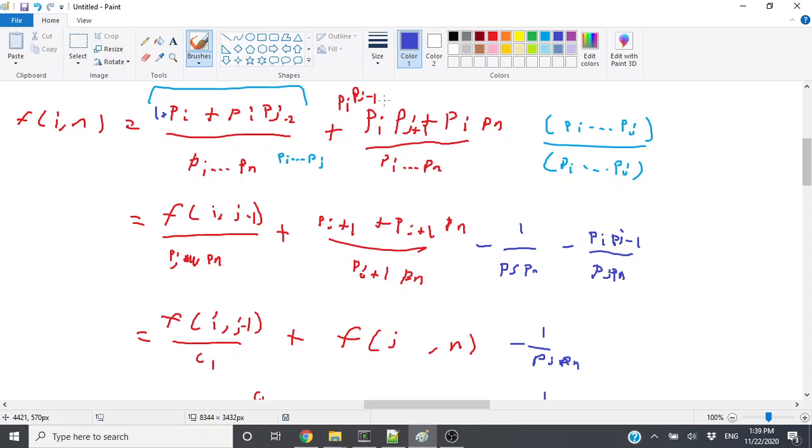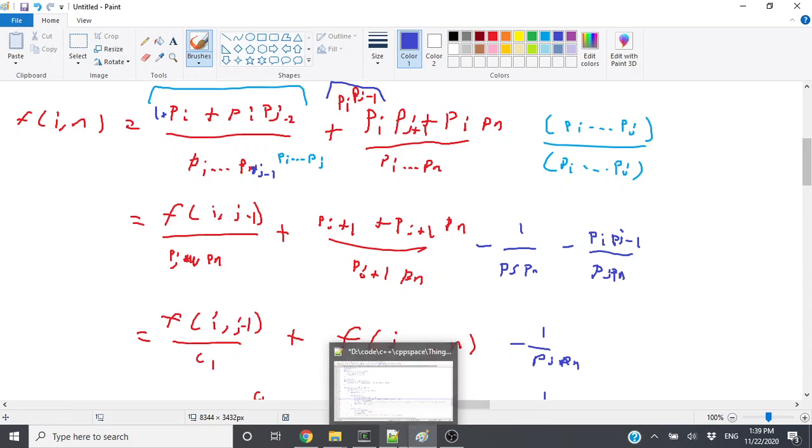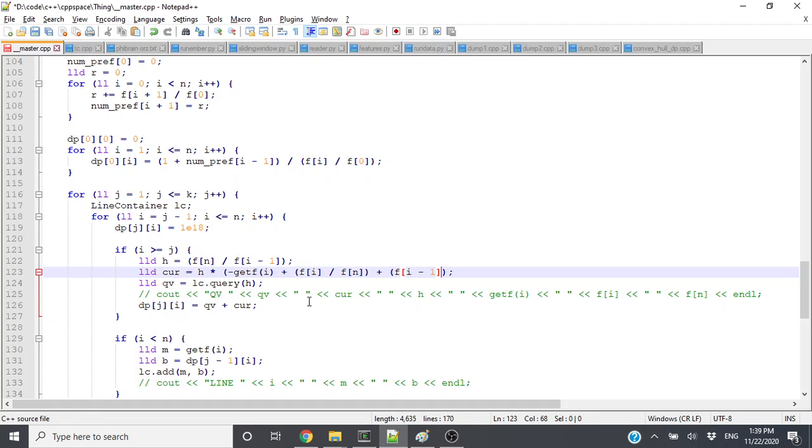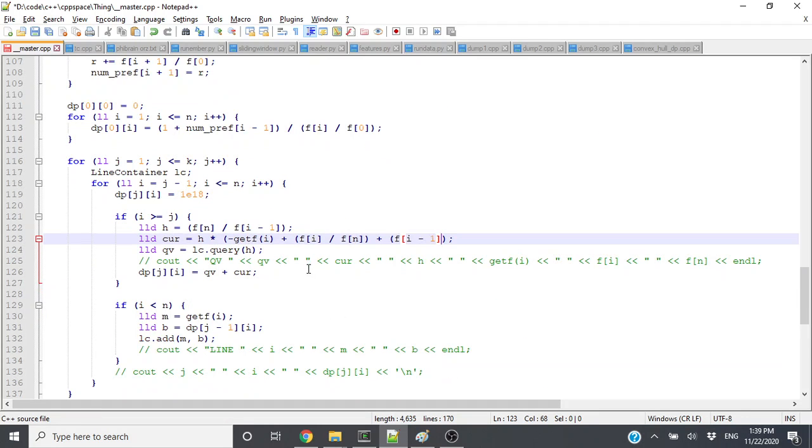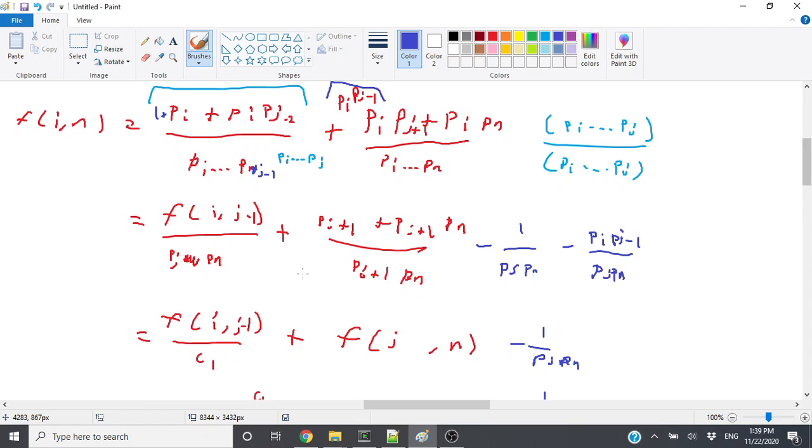So this goes over here. And this goes up to j minus 1. Which is a problem, because this part kind of gets ignored.